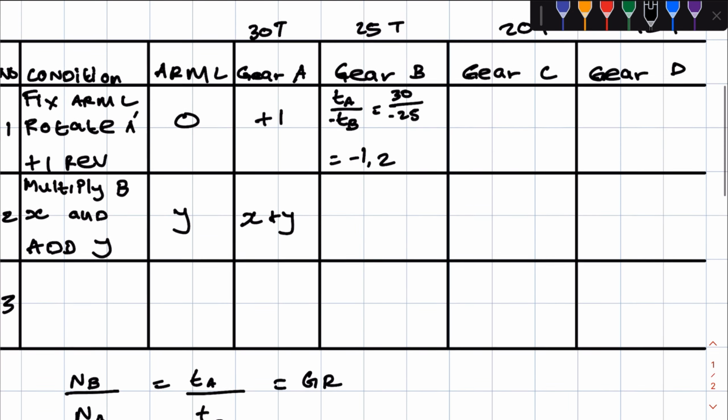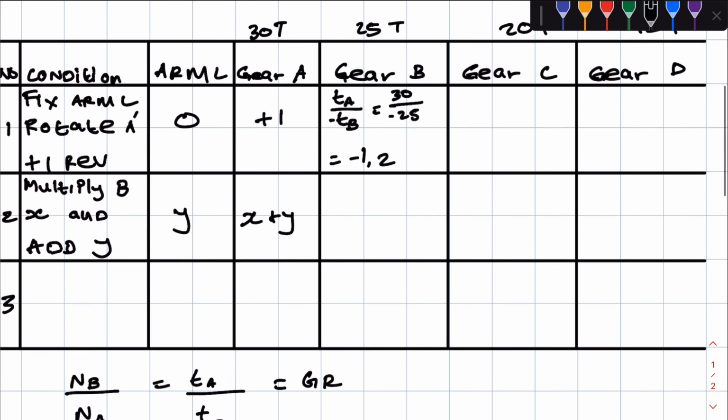So NB is equal to minus 1.2, x is 3.25, and y is 6.5. If you punch this in your calculators, you're going to get 2.6 revs per minute. Because this is positive, it means gear B is going clockwise.